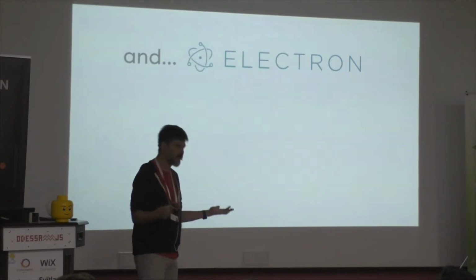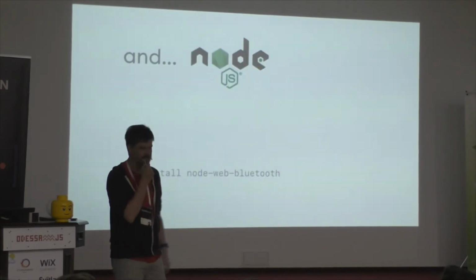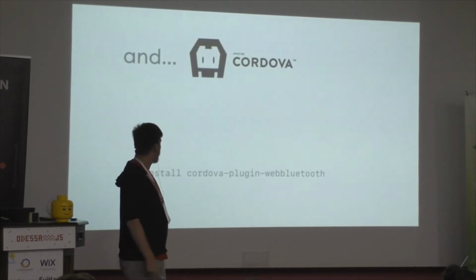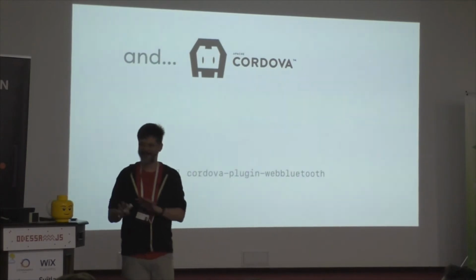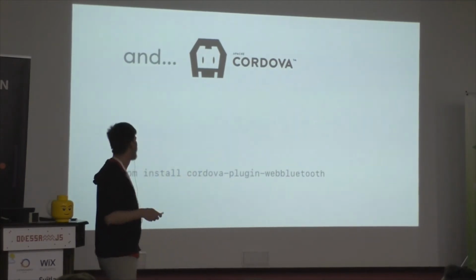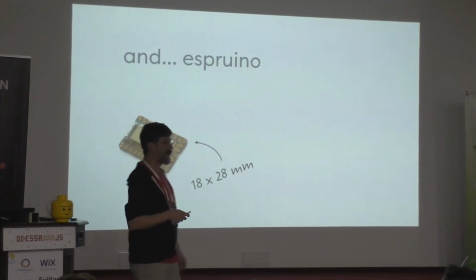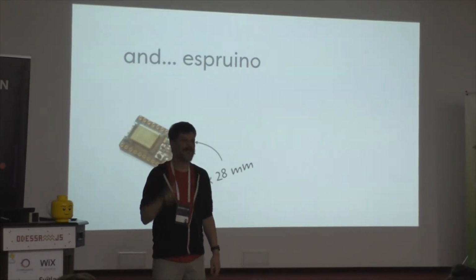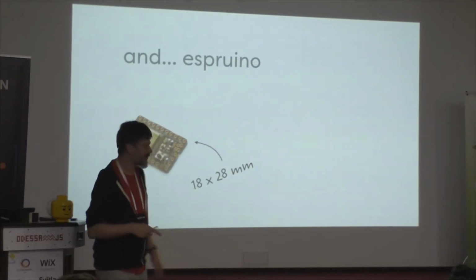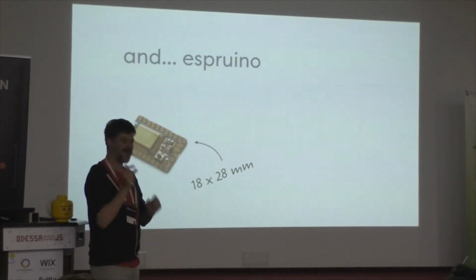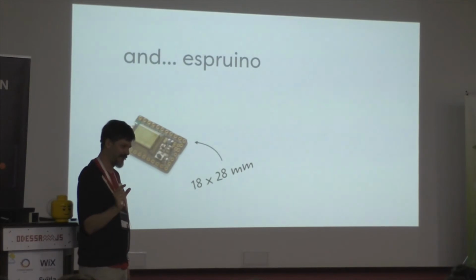it's supported in Electron. It's supported in Node.js. It's supported in Cordova. Anybody uses Cordova? Wow. Yeah, me too, but don't tell anyone. And Espruino, which is really amazing. Espruino is a JavaScript interpreter that runs on small hardware chips.